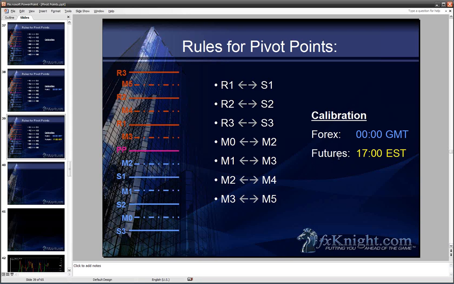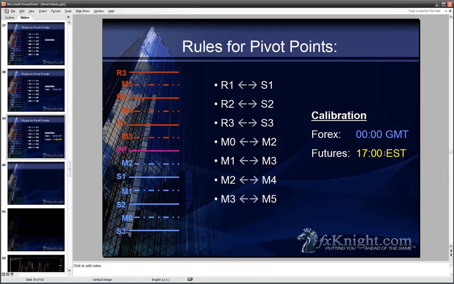As a matter of fact, for all futures contracts, doesn't matter if it's a stock index, commodity, for all futures contracts, I do use 5 p.m. Eastern Standard Time, but not for Forex. And I'll argue that with any New York trader till they're blue in the face, because I have simply tested it over years and years of trading.